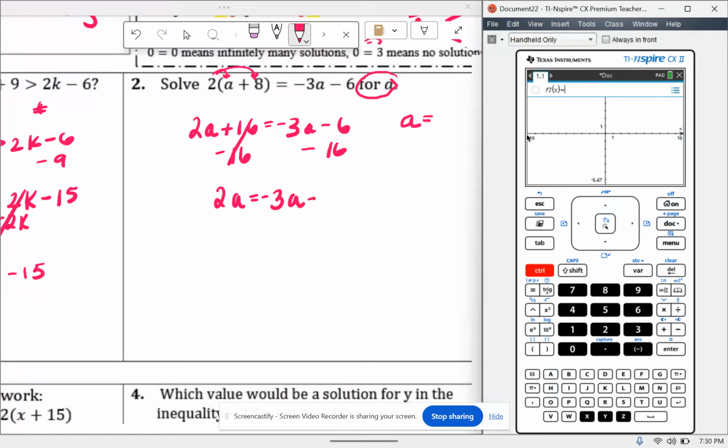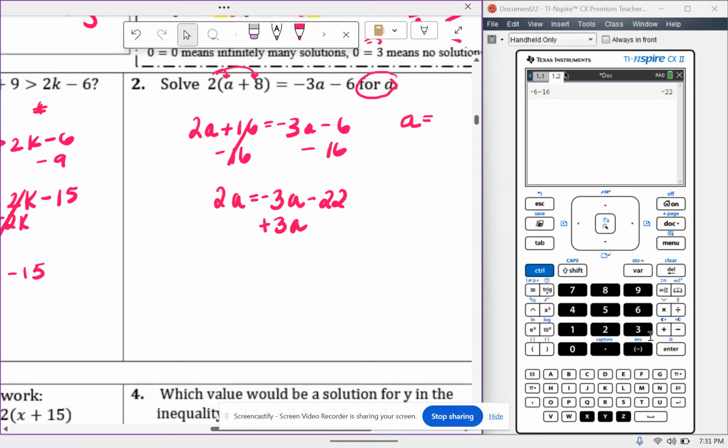And then remember, if it's not totally obvious what a number is, just do it in your calculator. Don't risk getting it wrong. I saw in the practice regions a bunch of you guys were doing strange little mental math. If you're not sure, just put it in your calculator, right?